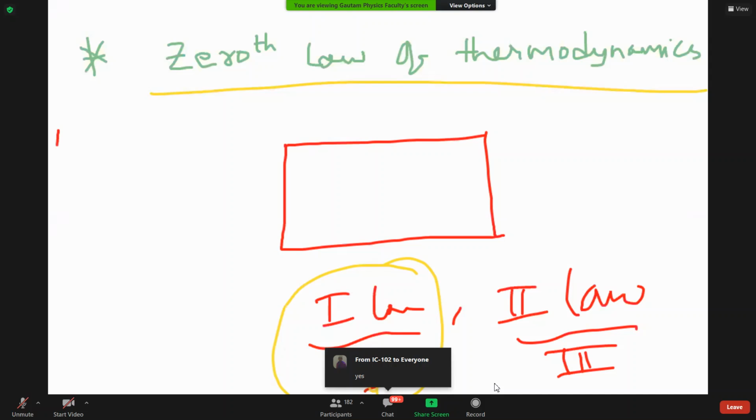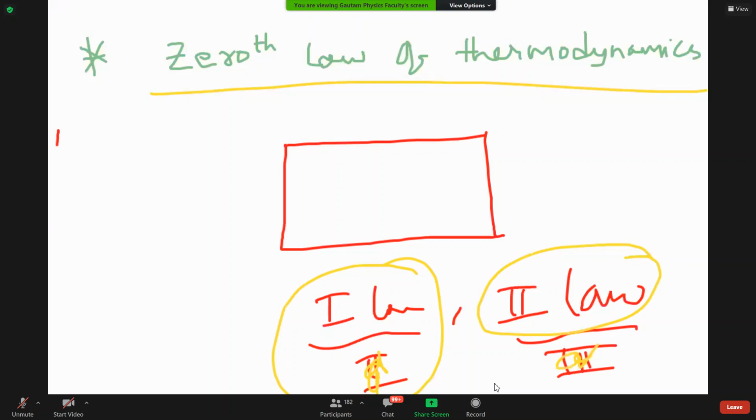Then another scientist gave the second law. Then one more law was found that is more basic than these two. Instead of changing the names of the first and second laws, they named this basic law the zeroth law. Over.